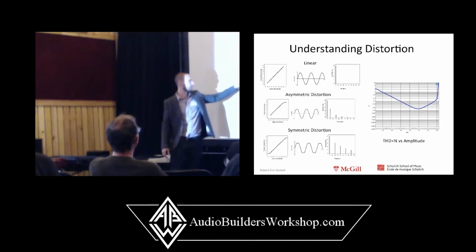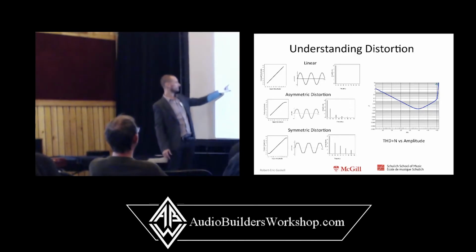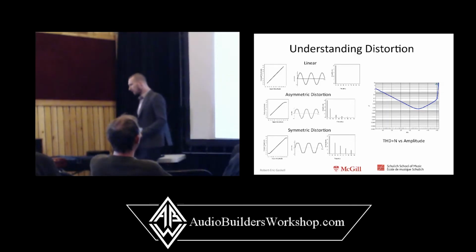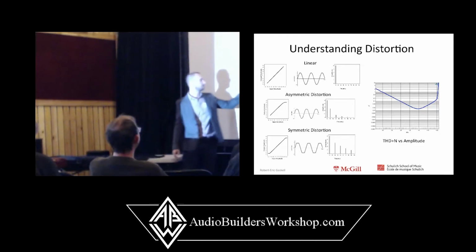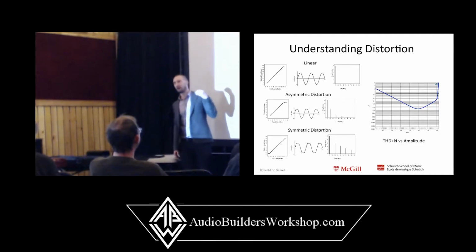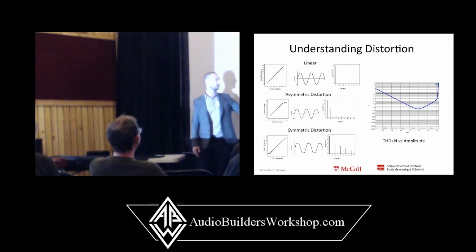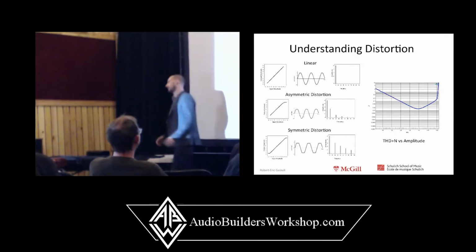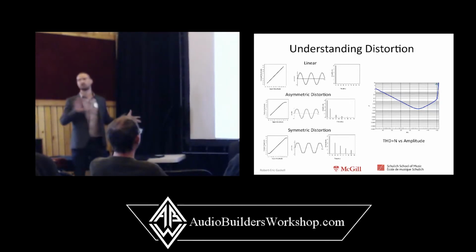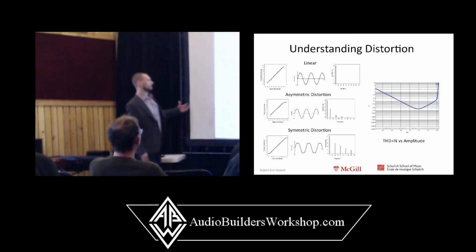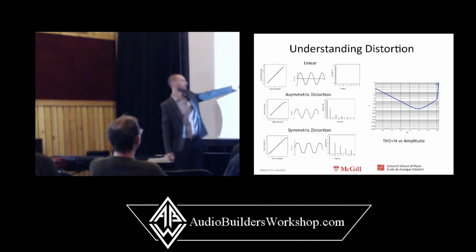Asymmetric distortion will happen if you have a deformation of the waveform on one side but not the other, right? So this sine wave has been smushed on the top but not at the bottom. Its transfer function is linear here, but up here it begins to roll off. And what that will create is even order harmonic distortion, meaning that for a 1 kilohertz fundamental, I will get harmonics at 2 kilohertz, 4 kilohertz, 6 kilohertz, 8 kilohertz, etc.